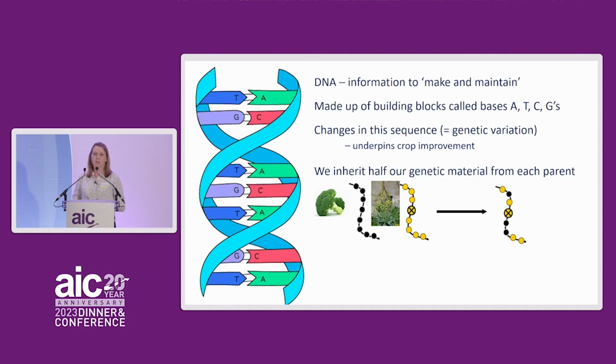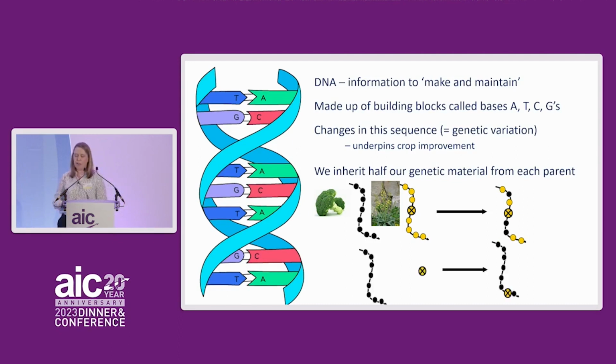Imagine we wanted to reintroduce a disease resistance gene from this wild Brassica oleracea back into broccoli. We would cross the two parents together in order to introduce that new trait, that disease resistance. But as well as introducing that gene for disease resistance, we're also going to be introducing tens of thousands of genes that we don't want. So what we'd then have to do is take the offspring and back cross it to the elite line over several generations, so that we get something that looks more like your broccoli but has your disease resistance trait.